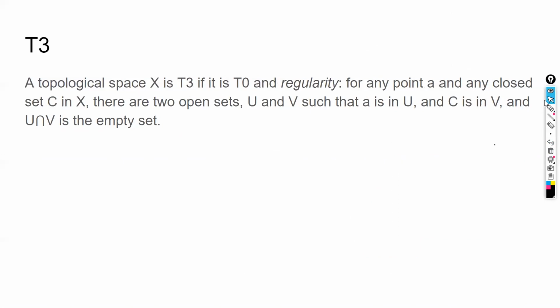A topological space X is T3 if it's T0 and satisfies something called regularity. Or I guess this should say regular.